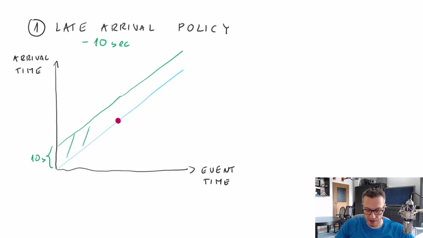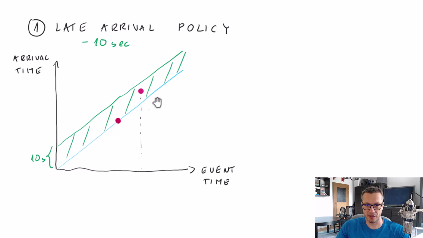Basically, if there is an event that is received within this marked area, it is fine. For example, in this case, it was generated at this particular moment in time.